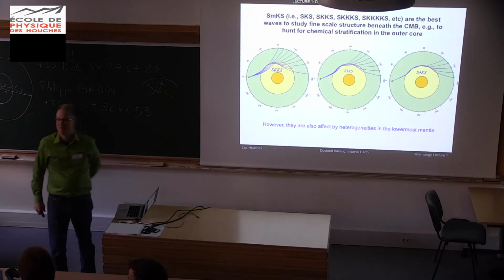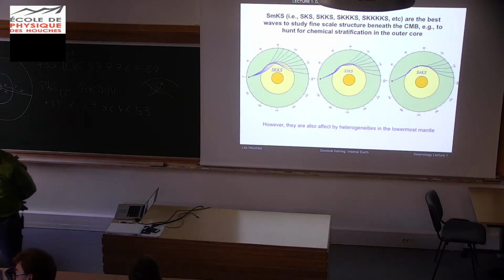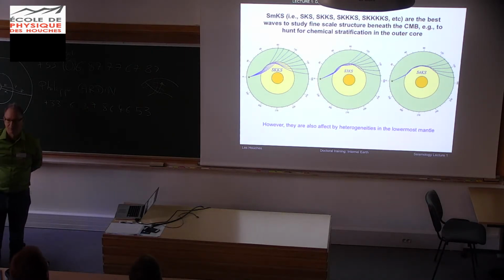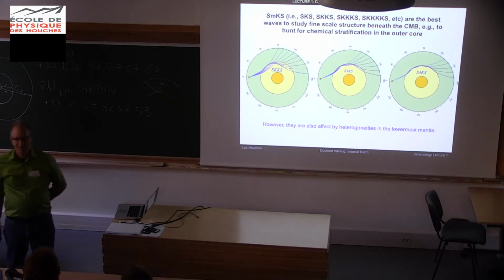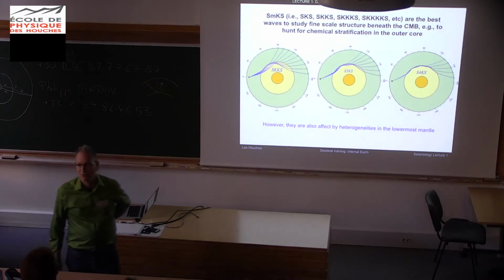I was wondering how hard it is to pick those exotic phases off a seismogram. Can we be confident that we can actually pick those things? Because they're pretty small amplitude. Yes, we can be confident, and yes, they're small amplitude for some data.